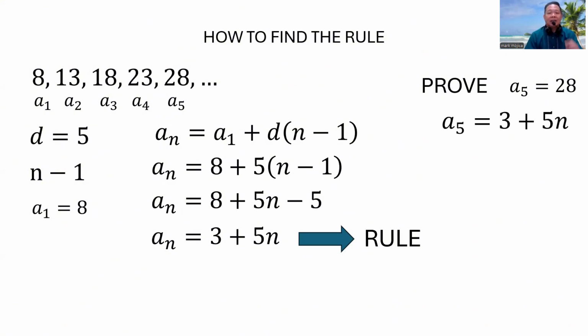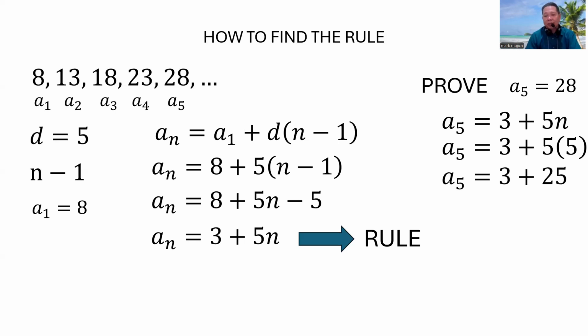Yung n natin dyan, magiging 5 na yan. So a sub 5 is equal to 3 plus 5n. So ipapalitan natin yung n, gawin natin 5. So that is 3 plus 5 multiplied by 5. But what is 5 multiplied by 5? That is 25. And the sum of 3 plus 25 is 28. So we can now conclude that a sub 5 is equal to 28. So that's how to find the rule.